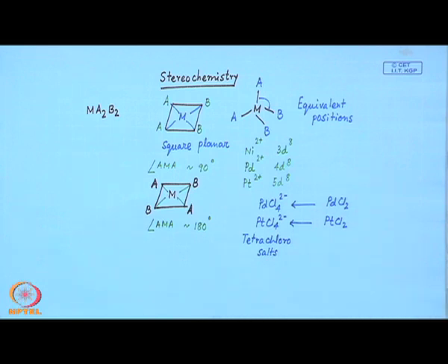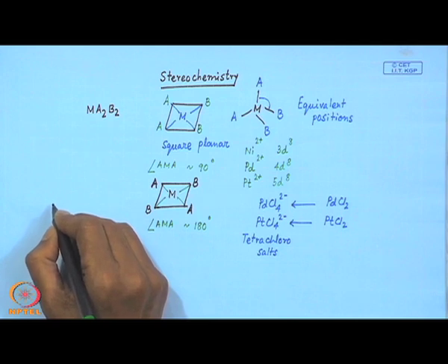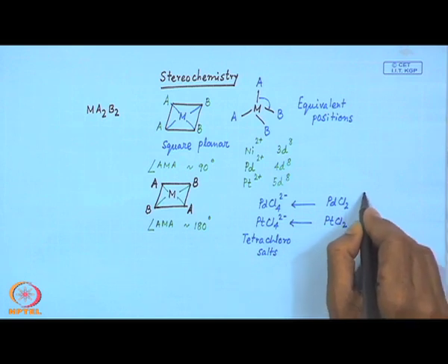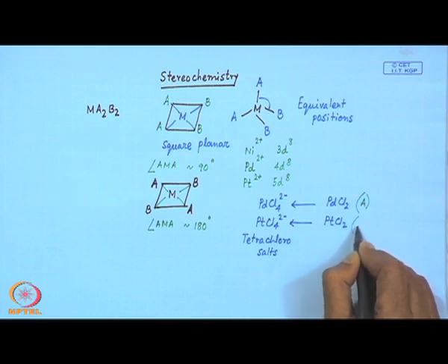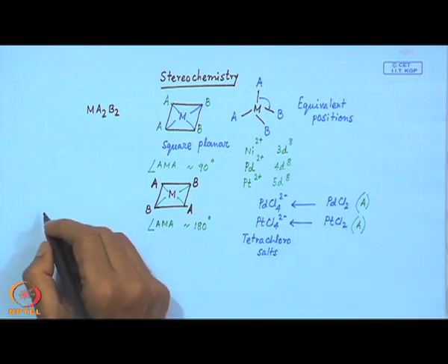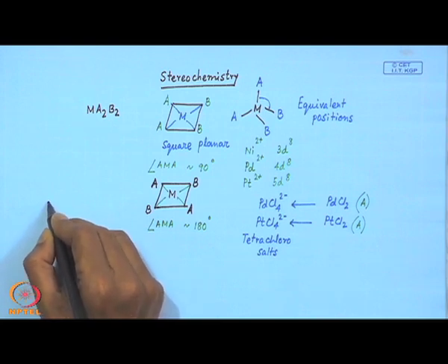When these salts are there, on the other side we can think that they can also give rise to the corresponding complexes if we change these by another type of ligand, because this is of one type, say A type of ligand, this is also all A.